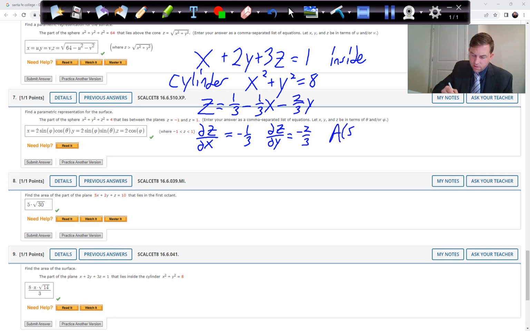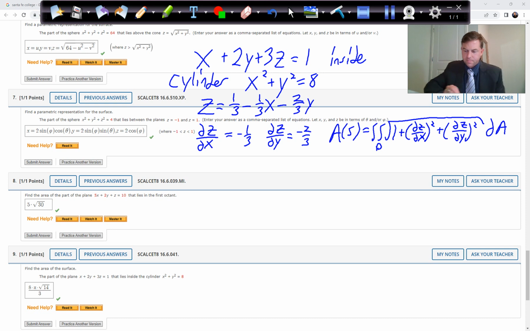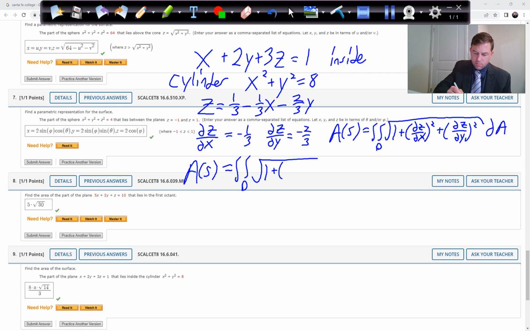And the area of this surface should be this differential area times the square root of 1 plus dz dx squared plus dz dy squared dA. So the area of the surface is the double integral in region D, square root of 1 plus minus 1/3 squared plus minus 2/3 squared dA.